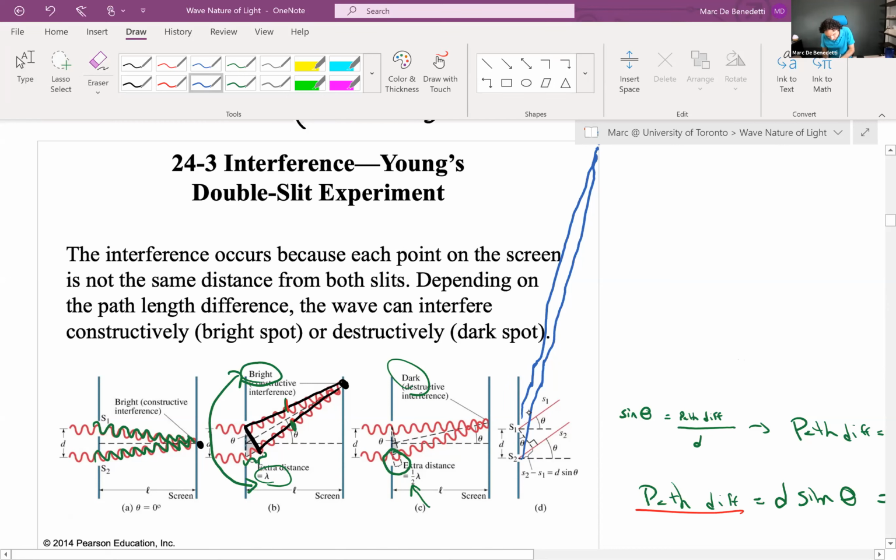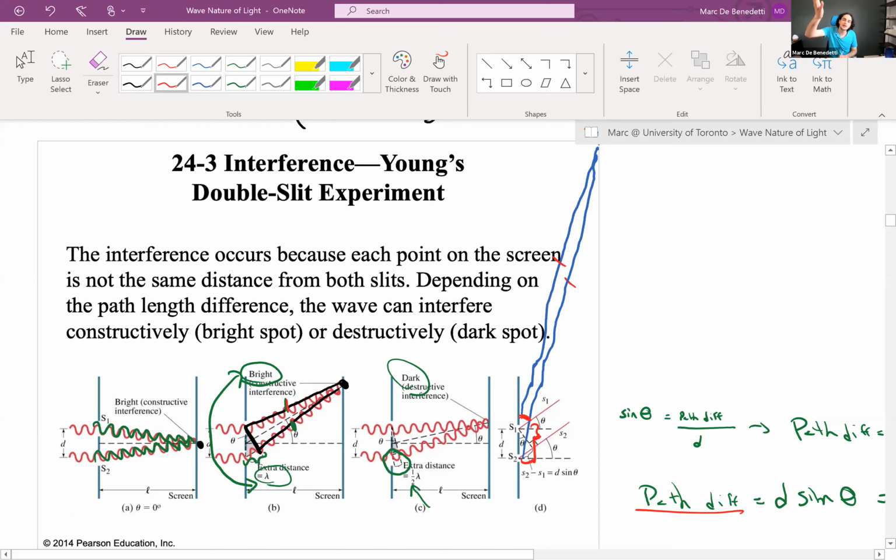And you would connect these here to make an isosceles triangle, and then your path difference would be there.